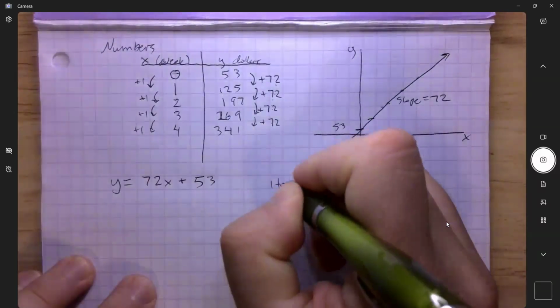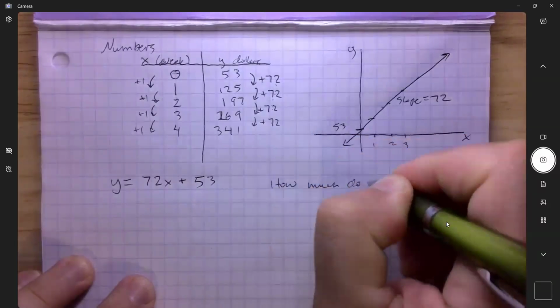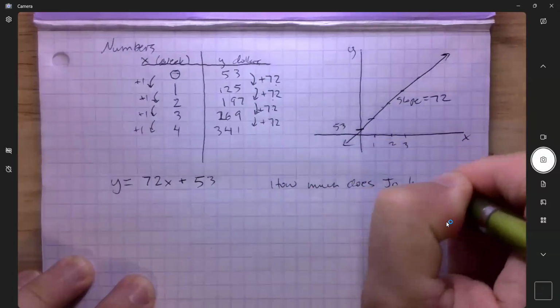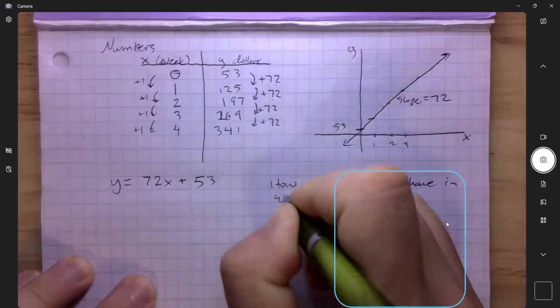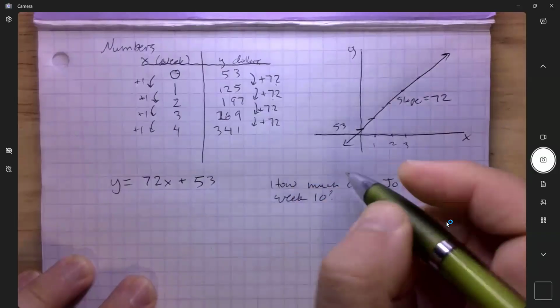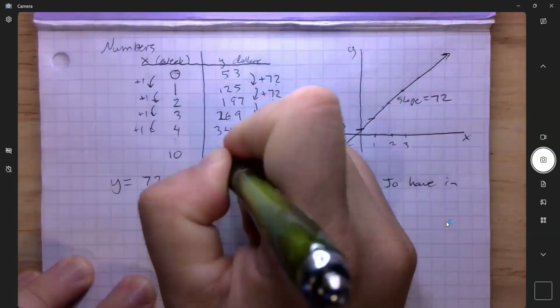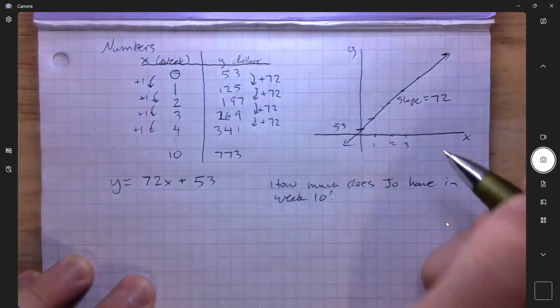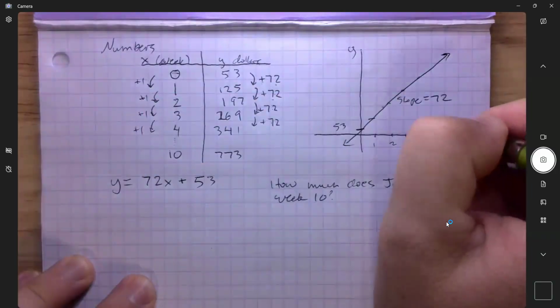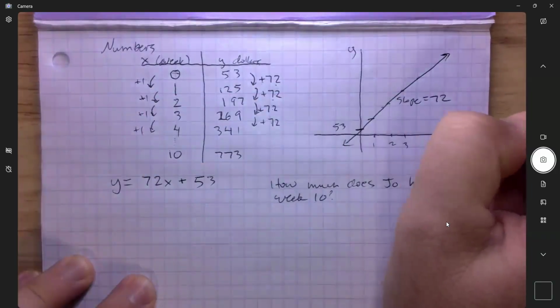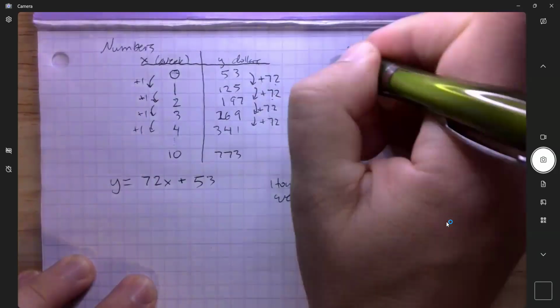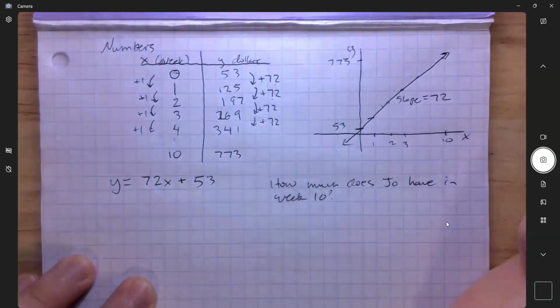And so now I can ask, how much does Joe have in week 10? And so we could add 72 each time, and eventually we get down to 10 and 773. Or we could look at our graph and go out until we get to the point 10 here, and that's 773 there.